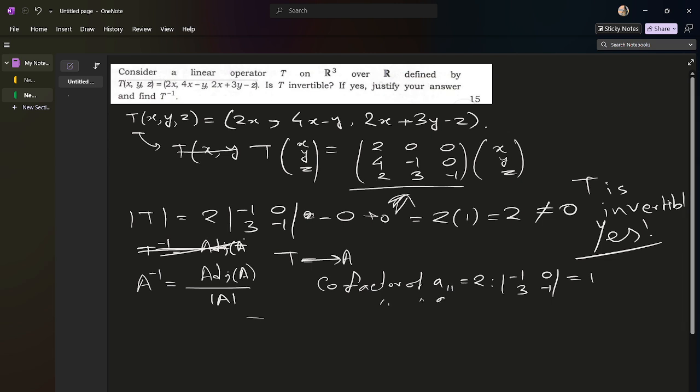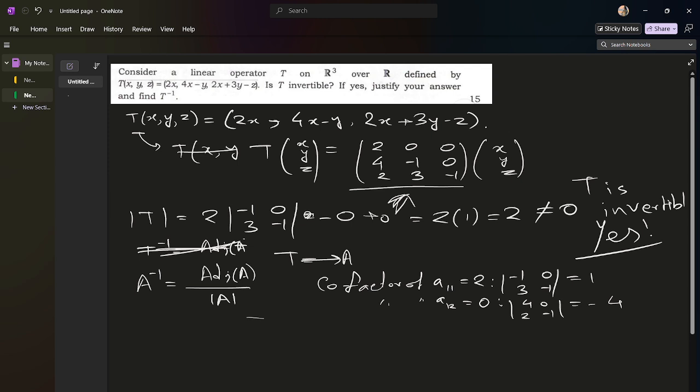Now the cofactor of A12: the minor is (4, 0; 2, minus 1), and 4 into minus 1 will be minus 4, minus 0 into 2 will be 0.